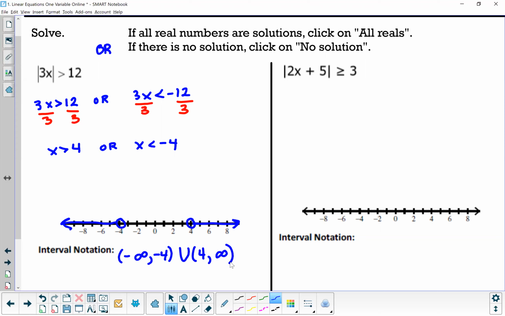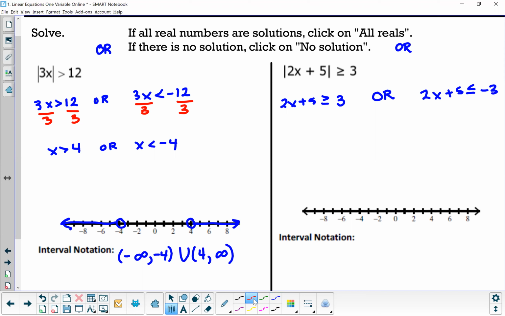All right, second example, we have greater than or equal to, so we still have or. So we have 2x plus 5 greater than or equal to 3, or 2x plus 5 less than or equal to negative 3.